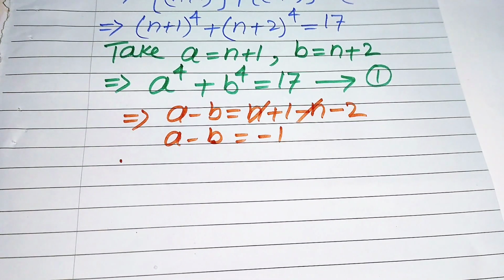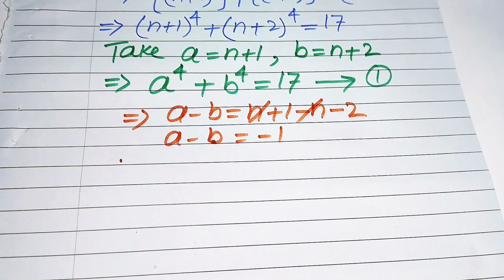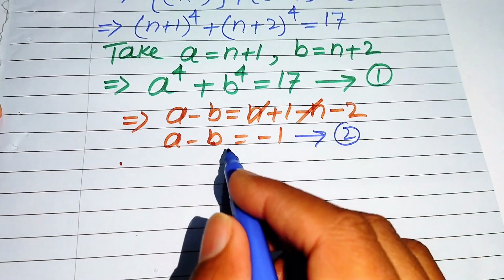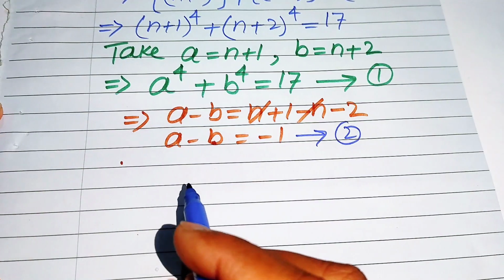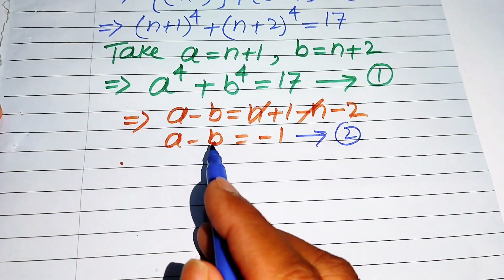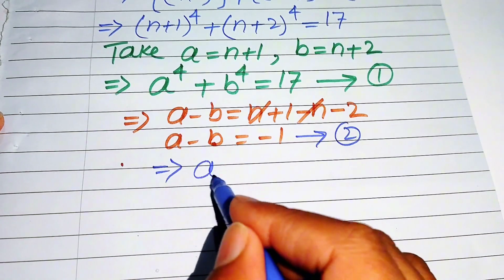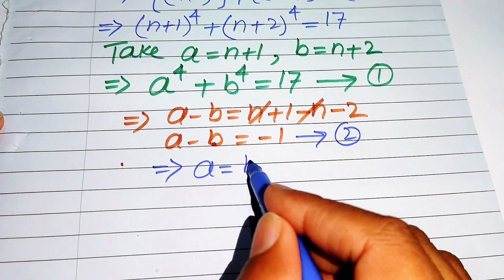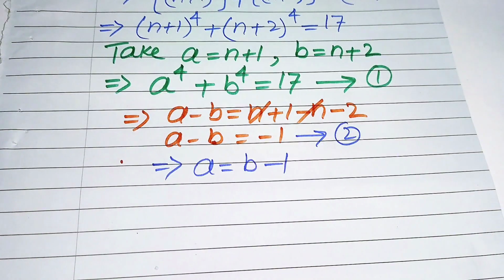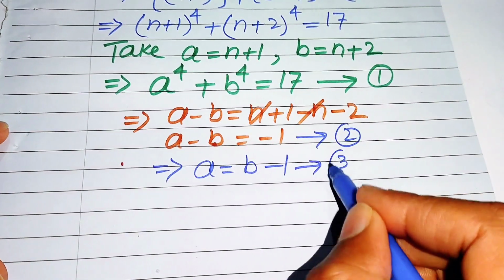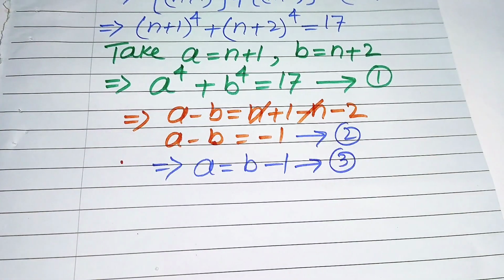We call this equation number 2 because we need it. In the next step we move minus b to the right hand side and get a equals b minus 1, and we call this equation number 3. Here we need all these three equations.